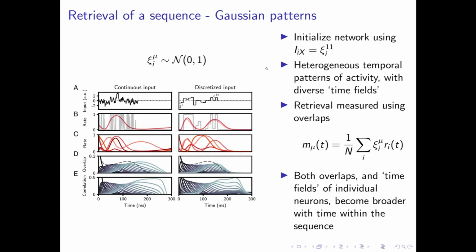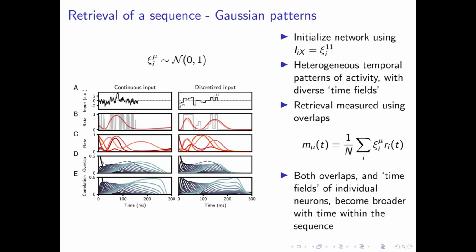All right, so there is one case where we can do a lot of calculations, which unsurprisingly is the case when we have Gaussian patterns, right? So the psi are drawn from a standard Gaussian. What happens in this case? I don't have time to talk about the continuous case, but let's focus on the discretized case.